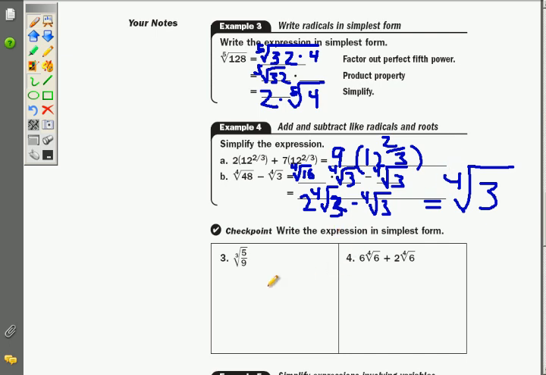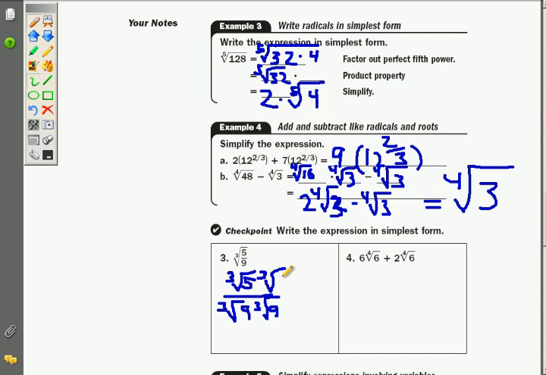Let's take a look at this checkpoint. The cube root of 5 over the cube root of 9 doesn't look bad, but the problem is I can't have the cube root of 9 on the bottom of a fraction. So when I do the cube root of 9 on the bottom, I have to multiply the top and the bottom by the cube root of 9.